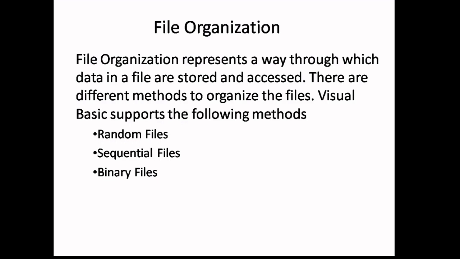That is known as file organization. We have to organize the files in such a way that the reading and writing process will be easily handled. Visual Basic supports three different kinds of file organization: random files, sequential files, and binary files.